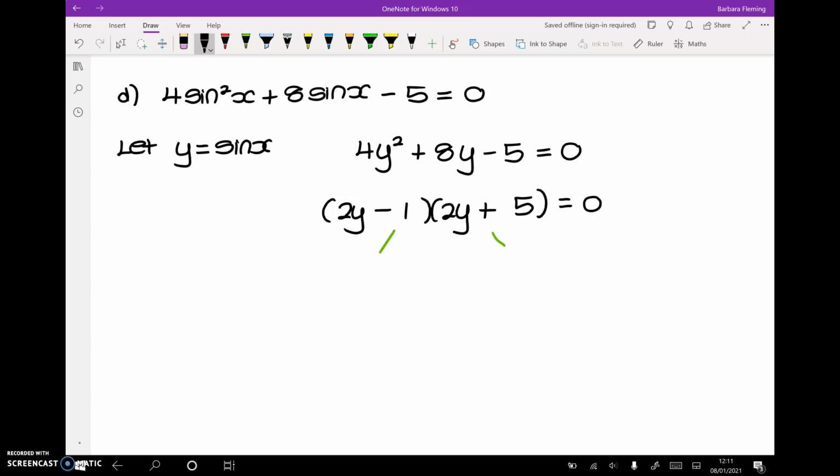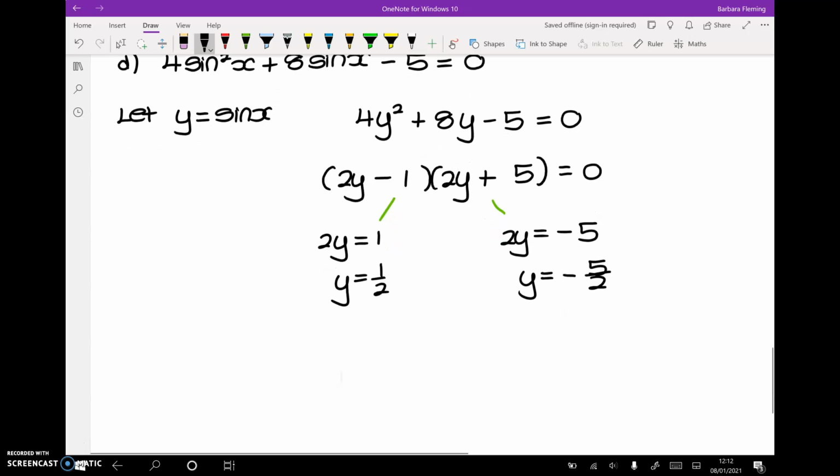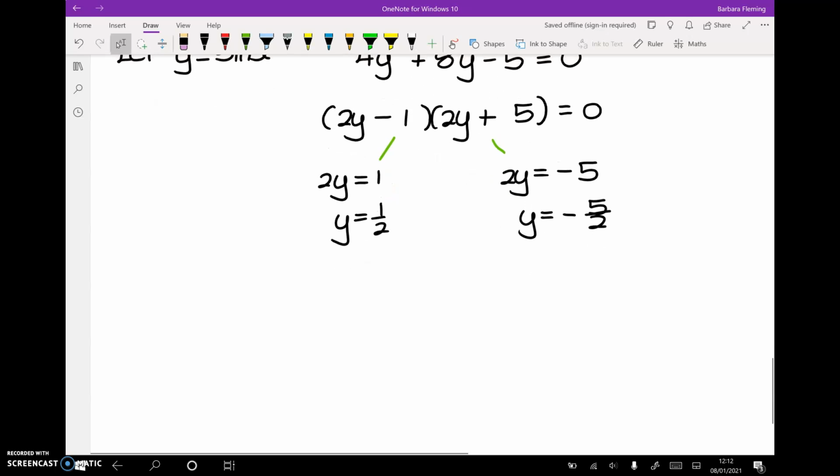Then we solve these two. The only way you can solve it is if it's equal to 0, so don't let that disappear. 2y equals 1, y equals 1/2, and we've got 2y equals minus 5, y equals minus 5 over 2. So those are our two solutions.